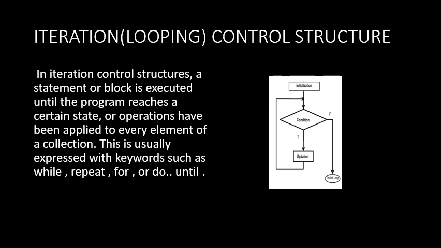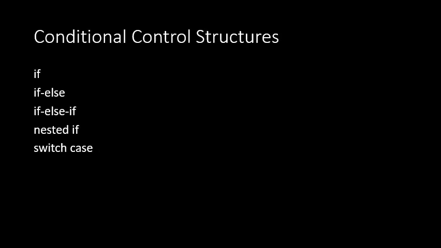Next is iteration, means to repeat that particular condition as many times as you want. In iteration control structures, a statement or block is executed until the program reaches a certain state, or certain operations have been applied to every element of a collection. This is usually expressed with keywords such as while, repeat, for, do, until.